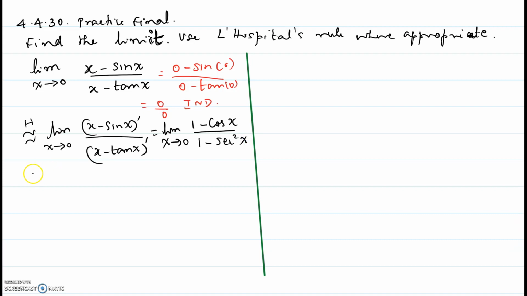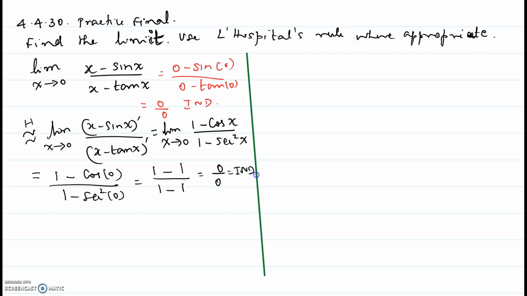Now at this point we will plug and play: 1 minus cosine of 0 divided by 1 minus secant square of 0, which becomes 1 minus 1 over 1 minus 1, which is 0 over 0, which is again an indeterminate form.